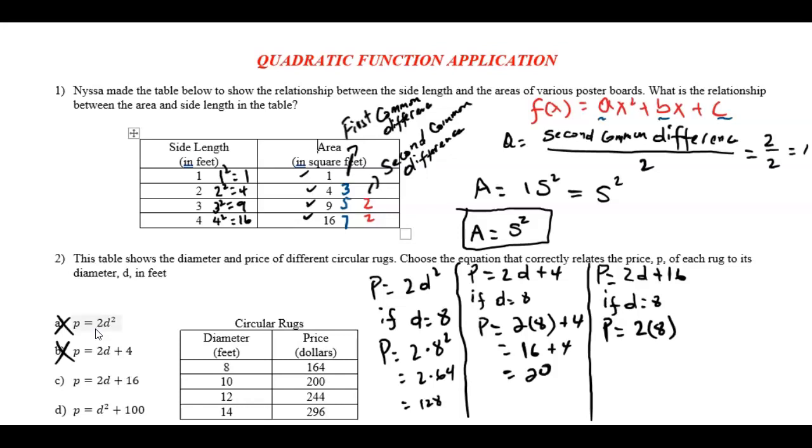Everywhere I see D, I'll replace it by 8. So 2 times 8 is 16, and 16 plus 16 is 32. And again, that's not true. So this one is out. And let's check the last one.